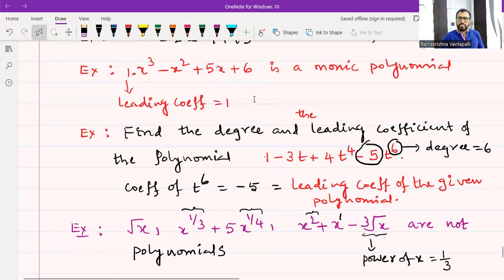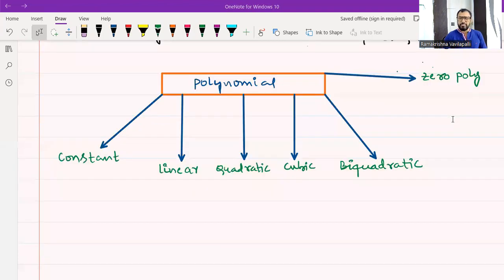Now, what kinds of polynomials do we have? Like constant polynomial, linear polynomial, quadratic polynomial, and the zero polynomial, etc. I'll explain now. So what is a constant polynomial? A constant polynomial contains only a single term, which is a constant without a variable.